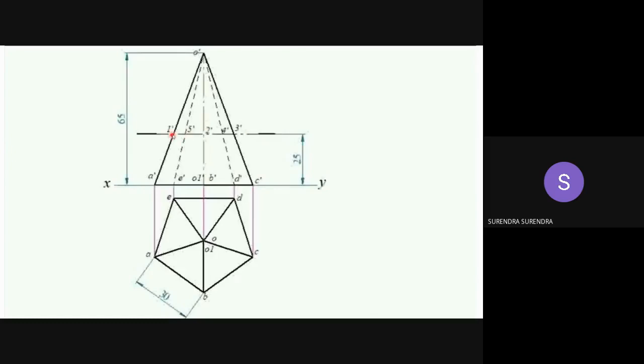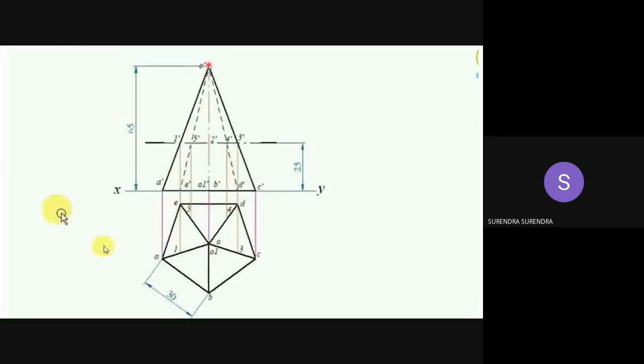So draw a projection from 1 dash. 1 dash is a point on A dash O dash, so project it up to the AO line. We'll discuss 2 dash later. Project 3 dash, which is on CO, up to the CO line. 4 dash is on DO, up to the DO line. 5 dash is on EO, so up to the EO line.